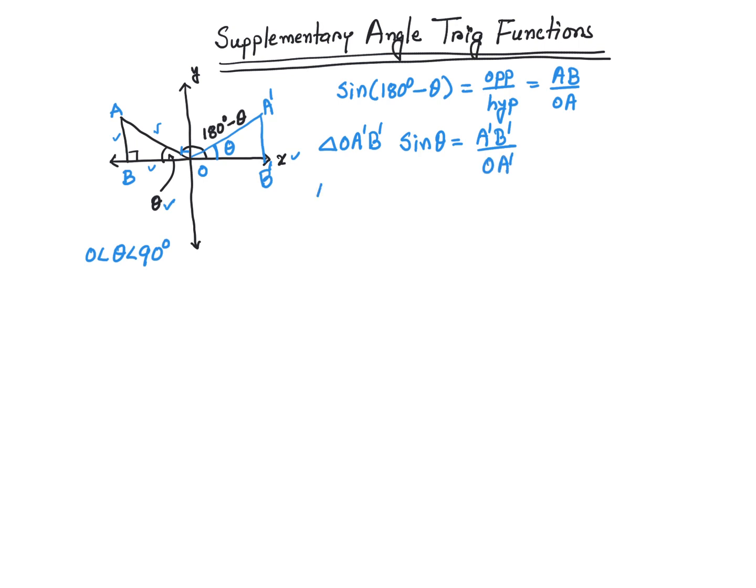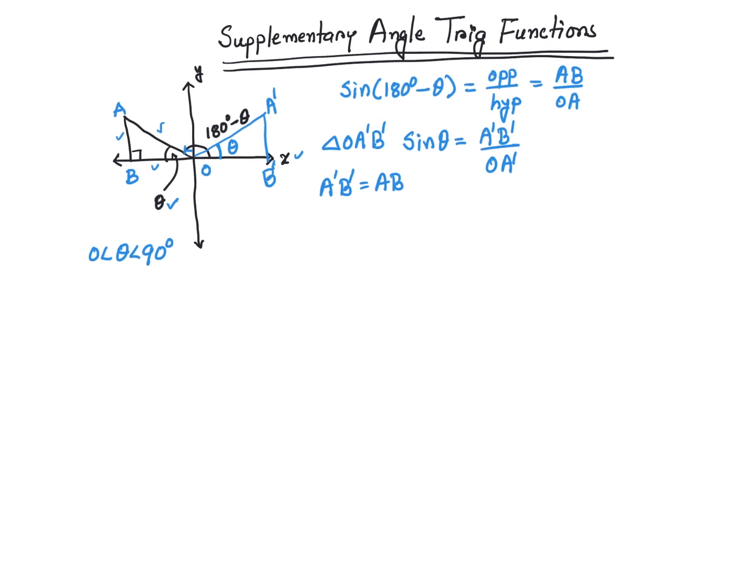We know that A prime B prime is equal to AB because these triangles are identical, and OA prime is just OA. So this is equal to AB over OA, which is exactly the same as what we had above, which is equal to sine of 180 degrees minus theta.